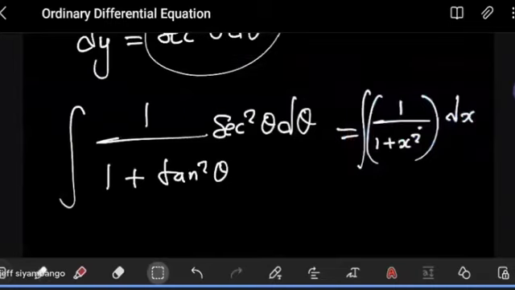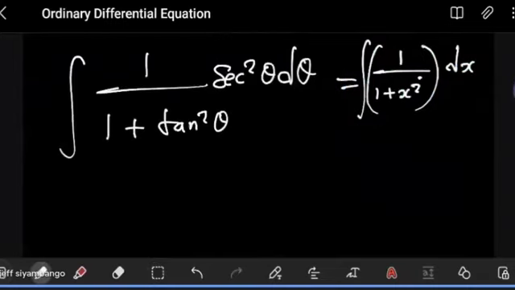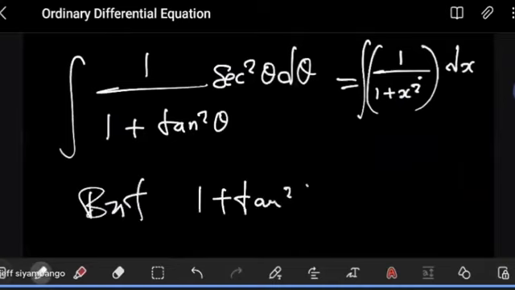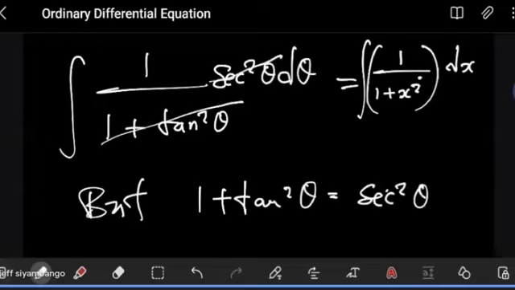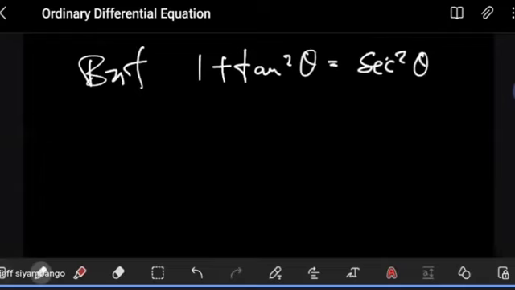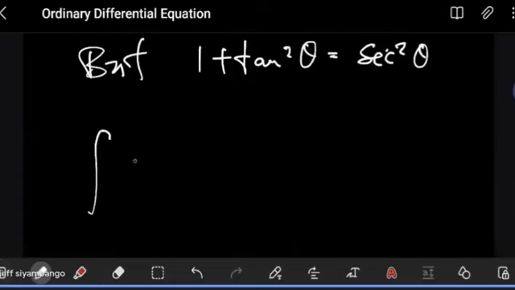Okay, so here we are. At this point, you have to remember that 1 plus tan squared theta is equal to sec squared theta. What does this mean? This is the same as that from this identity. So you have to remember this identity. So this implies that you're basically just looking at the integral of d theta.